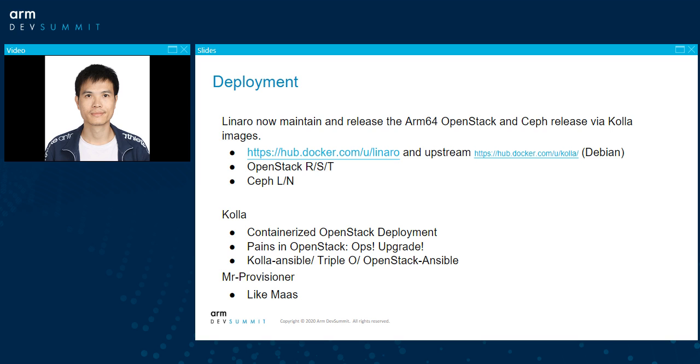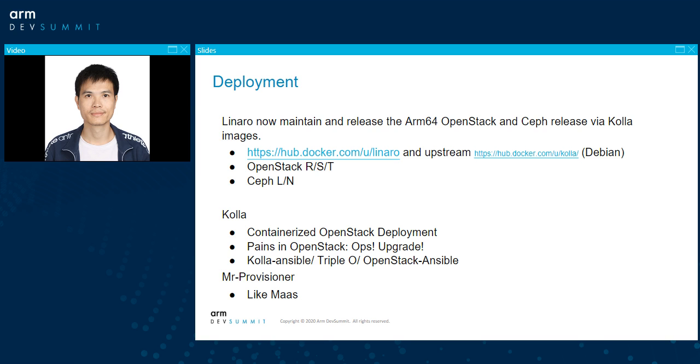And for the Kolla imaging, we release the OpenStack R, S, T, and U versions in our Linaro account on Docker Hub. And you can also try upstream and release Kolla images for Arm64 for the master and the latest stable branch.